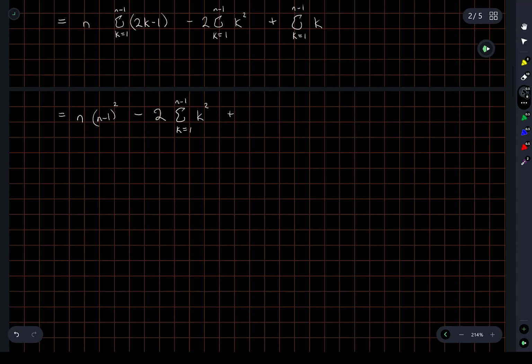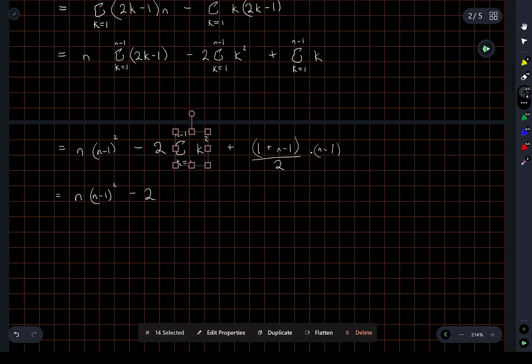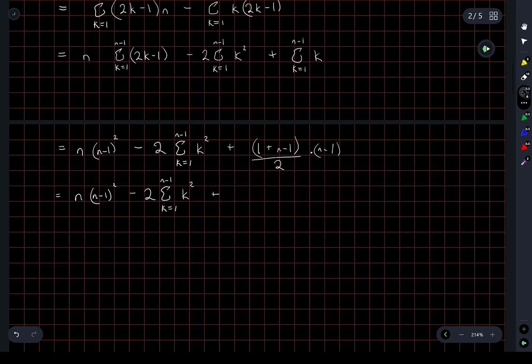And here we have the sum of consecutive integers. We'll take the first term plus the last term, divided by 2, multiplied by the number of terms, which is n minus 1. And that should give us what we want. So we have n times n minus 1 squared, minus 2 times this sum, plus n times n minus 1 over 2.